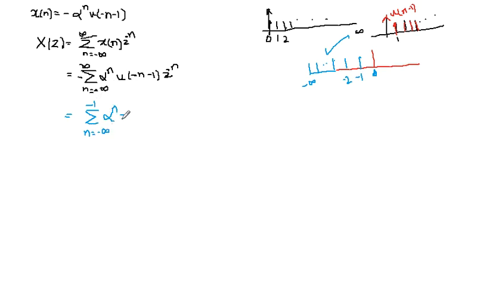So we write z raised to minus n. Then we can go for solving it. Of course there is a minus sign, so let's write the minus sign, summation n from minus infinity to minus 1 of alpha into z raised to minus 1, raised to n. So we can write in this fashion.